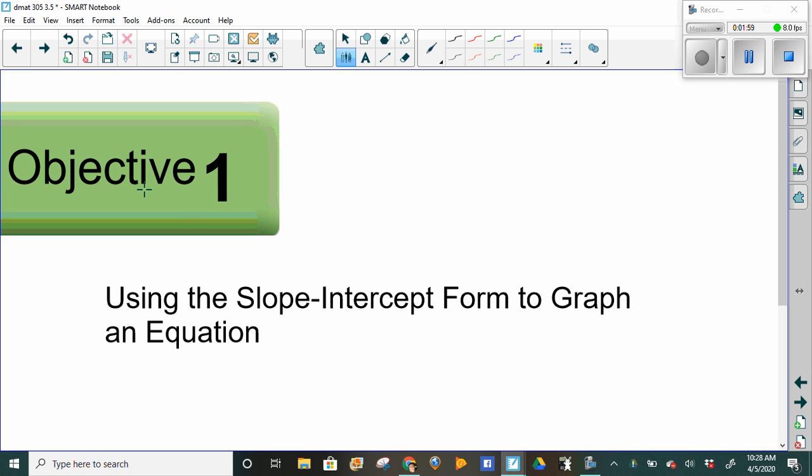All right, so the first objective is we're going to use slope-intercept form. So slope-intercept form, automatically tell your brain to think y equals mx plus b. And we're going to graph it. So in the past sections, they've been giving us these equations, and we've been having to create these tables where we had to assign values to x, or maybe we had to find the intercepts.